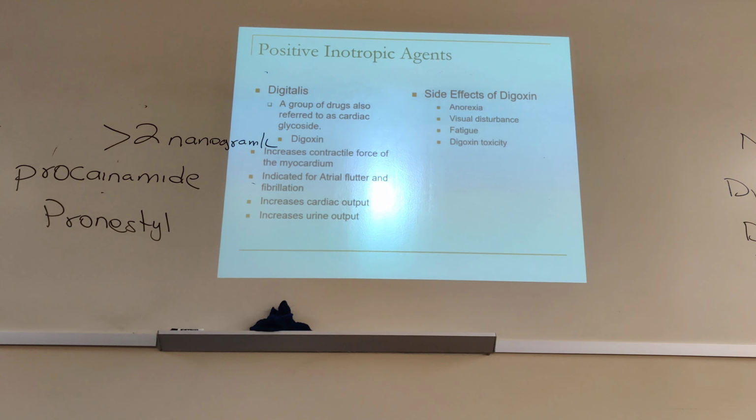The rebound effect is something causing the opposite of what you're giving it for. In this case, we are giving the drug to increase cardiac output and blood pressure, but now you have toxicity, then it will decrease your cardiac output and your blood pressure. So that's what a rebound effect is.